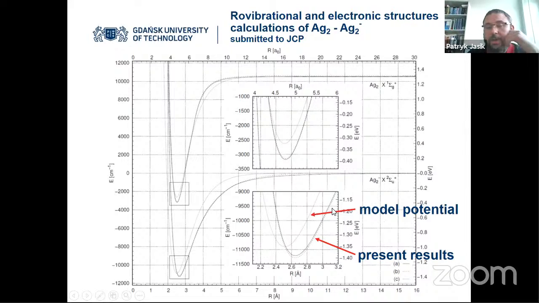These are our new results, and here you can see results which were used to explain the experimental results reported by Andersson et al. It is visible that these model potentials are not so good in comparison with our results.